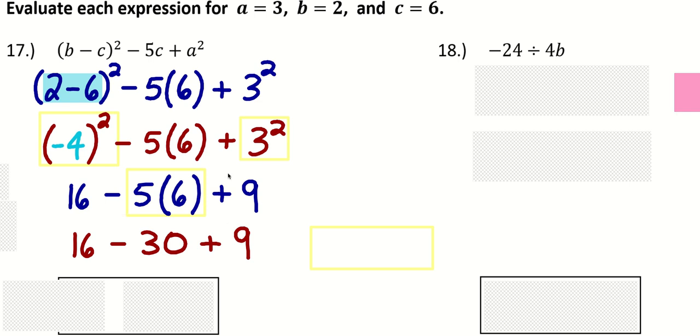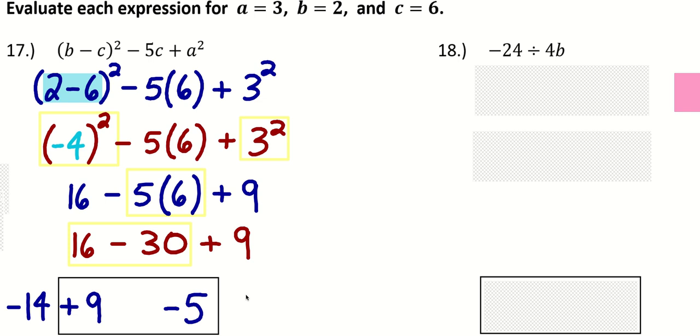Got to keep your stuff organized and keep track of how this line becomes this line, and this line came from this line. Everything drops down real nice. And then what would be next? The subtraction to get, I believe, negative 14. And then finally, the addition. So I'm thinking the final answer here is negative 5.